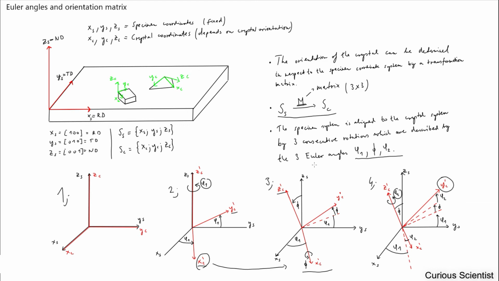These 3 rotations, the first rotation, the second rotation, and the third rotation, can each be described by a matrix. Now I show you those matrices.